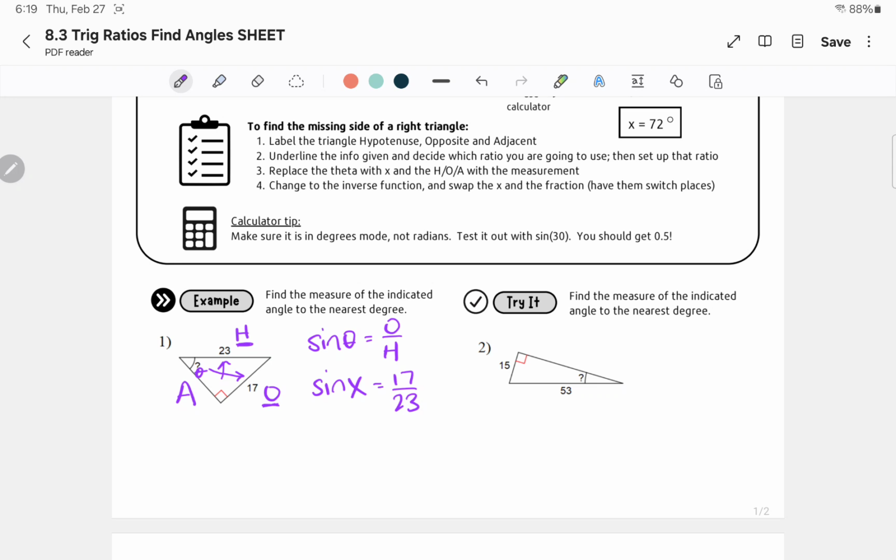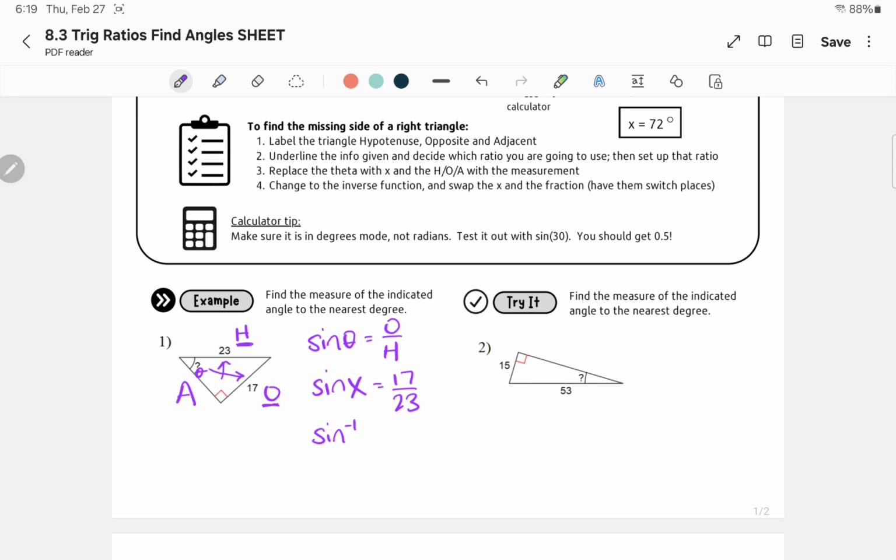So before we found X, because we could either multiply or divide and get X by itself, but this time it's sine of X. So how do we get X by itself? We wanted to switch places with this number over here, and we do that with the inverse sine function. So we're going to write inverse sine, which is sine to the -1.